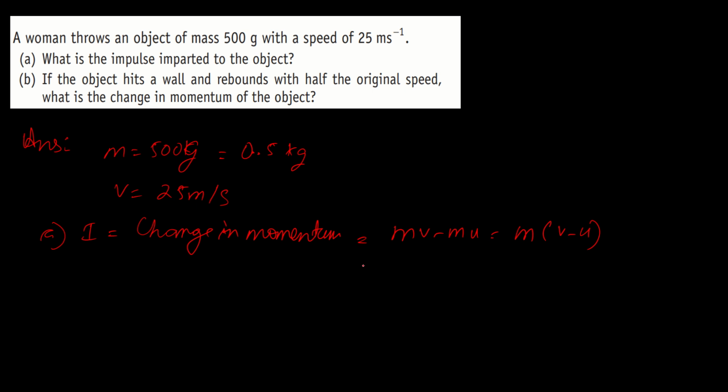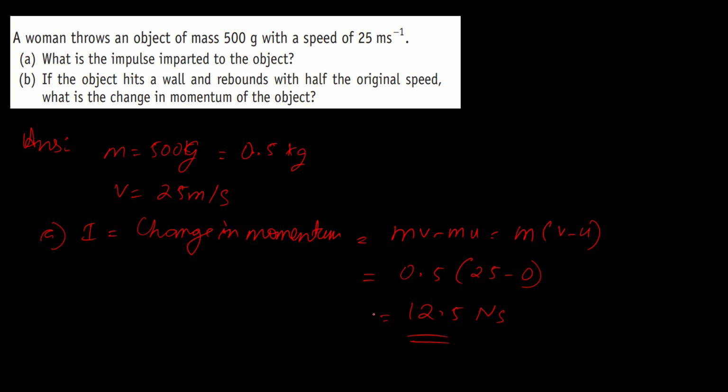What is m? M is 0.5, v is given as 25, u is not given in the question, so it is 0. After calculation, 0.5 is 1 by 2, 25 by 2 is 12.5 Newton second. Newton second is the unit.